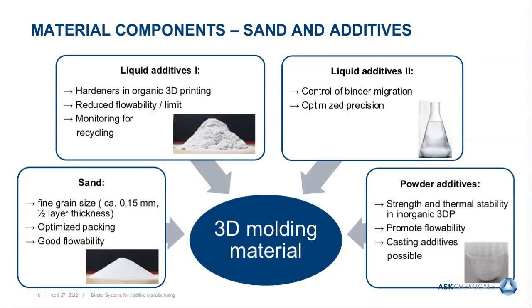They provide strength and thermal stability in inorganic 3D printing, but in general can also promote flowability in the molding mixture, which is, as mentioned, very important for constantly being able to spread the layers on the building platform. Given the right particle size and compatibility, casting additives can also be added into the molding mixture already.